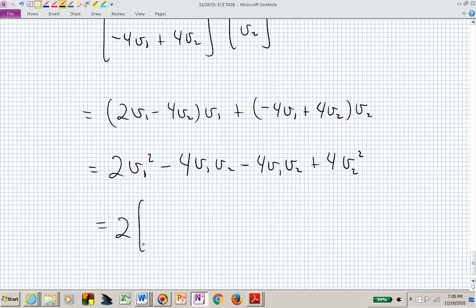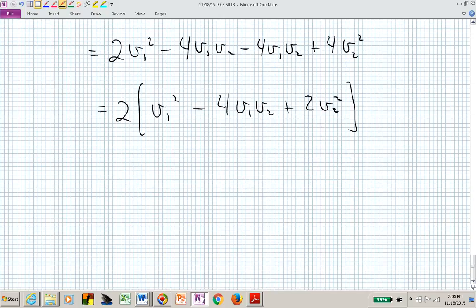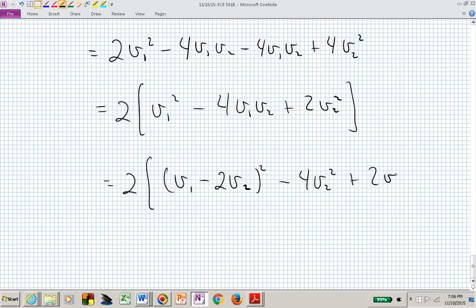Again, we can factor at least a 2 out. We have V sub 1 squared minus 4V1 V2 plus 2V sub 2 squared. Now we can try to complete the square. We can say, oh, we have V1 minus 2V sub 2 squared. That will give us the first two terms, but it gives us an additional term of plus 4V sub 2 squared, so we have to subtract 4V sub 2 squared plus 2V sub 2 squared.